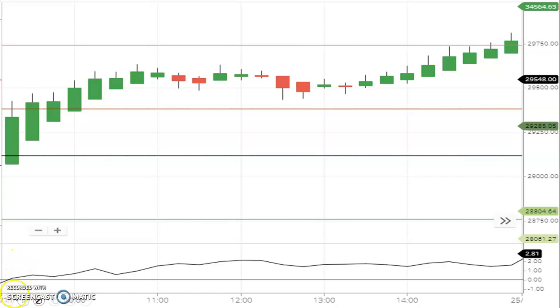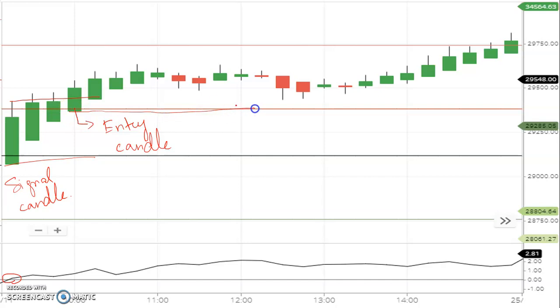Here the 30 period ROC crosses above zero. This is called the signal candle. This is the candle which breaks the signal candle's high, so this is called the entry candle.